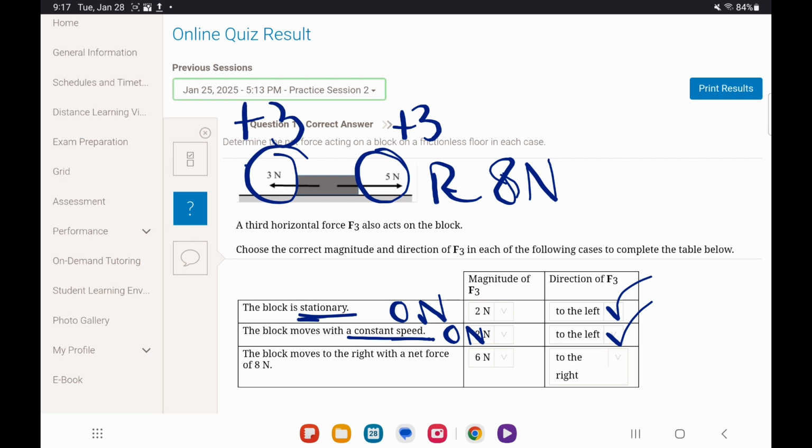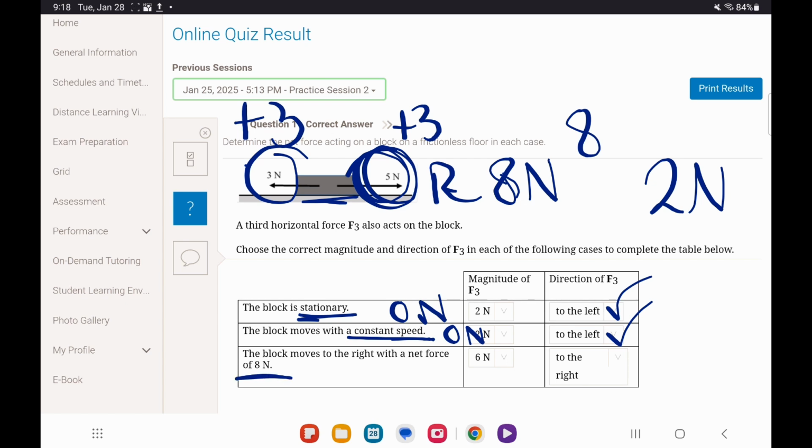What I know to be true is, when you subtract these two from each other, because they're not the same force, you get 2 newtons, right? They want this number to be some number that, when you subtract it from 3, you get 8.